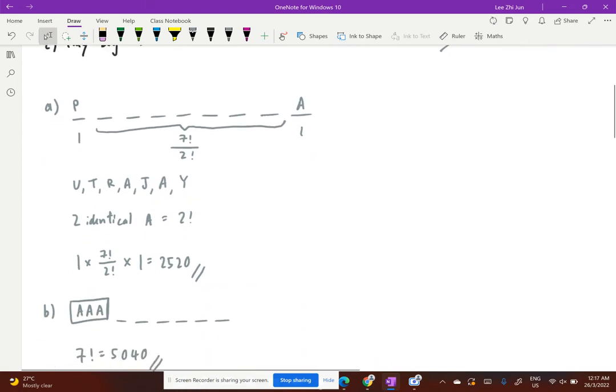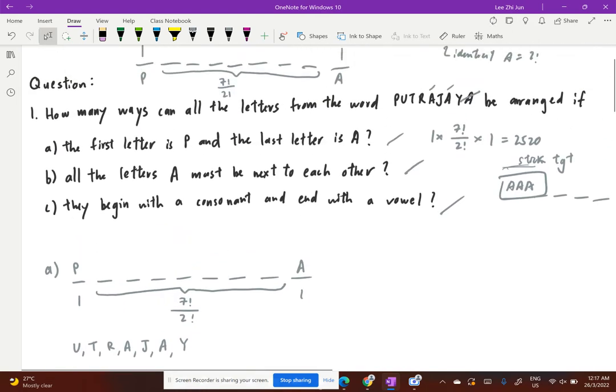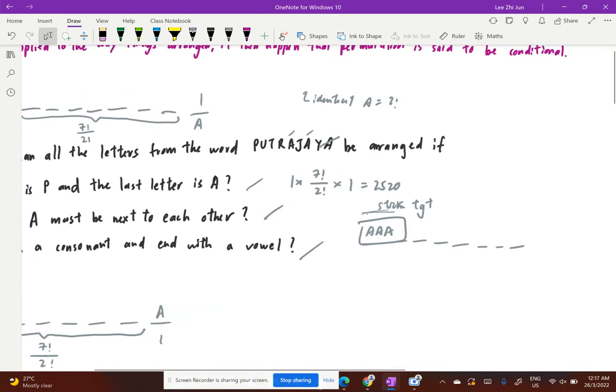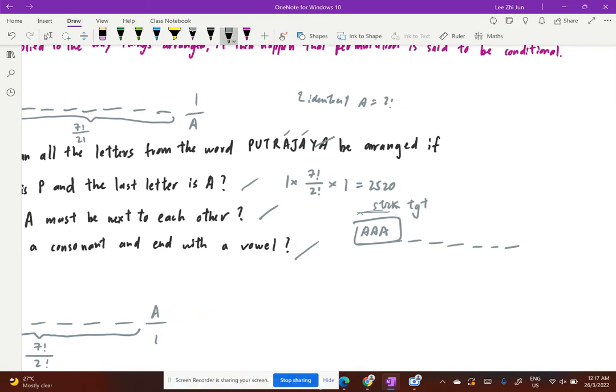There are 7 places because the 3 A's are identical, so their order is not important in the arrangement. A is the same, A is the same, A is the same.